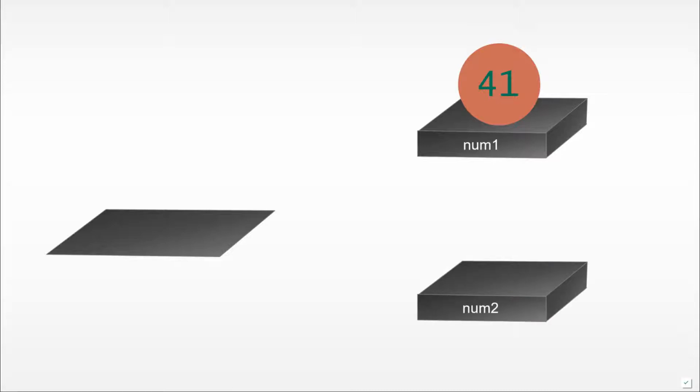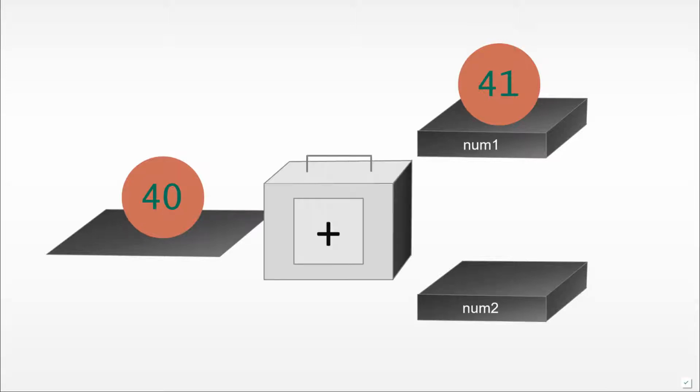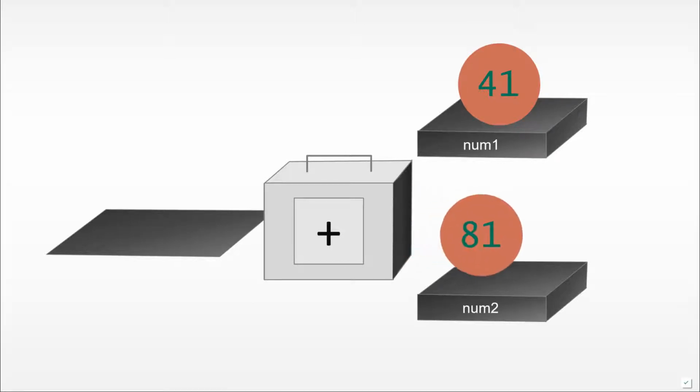What would happen now is we would define a new shelf, num2. We would then add up the value at the num1 shelf to the number 40. To do this, we would use an addition operator. So both of these values would go into it. The addition operator would add them up and it would give us the result, which is 81, which would be placed at the num2 variable.